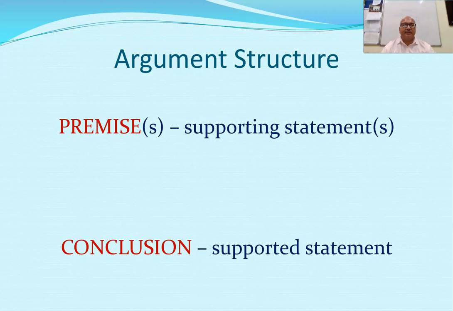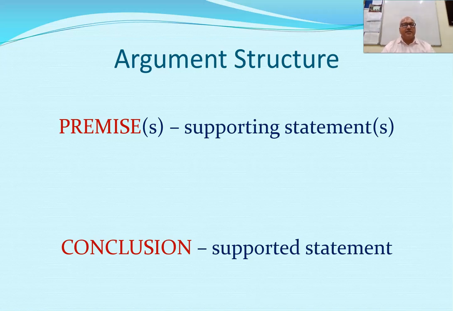Now, since statement or proposition is the basic constituent of an argument, let us try to understand in little logical language what an argument is. You have just learned that an argument is a group of statements, and that group has a unique feature: one of the statements participating in the argument is claimed to be supported by the other statements.